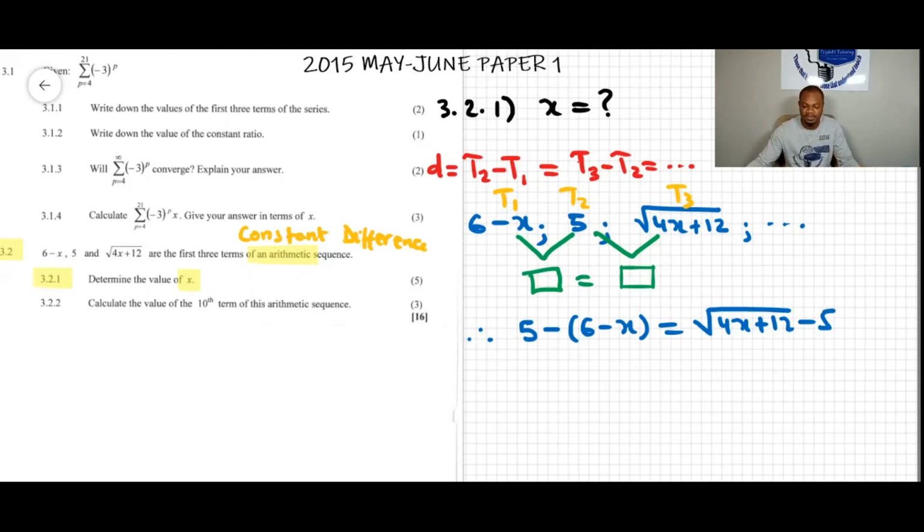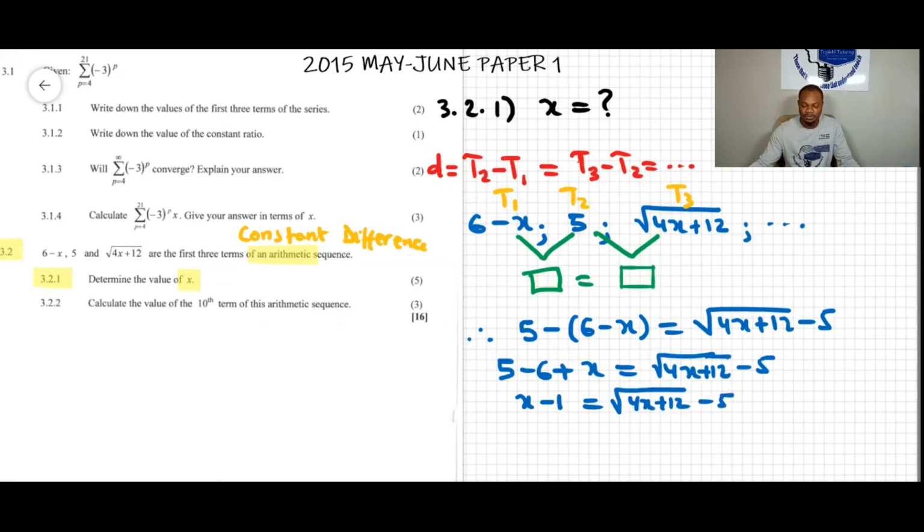So this implies that we have 5 minus 6 plus x equal to square root of 4x plus 12 minus 5. This is x minus 1 equal to square root of 4x plus 12 minus 5.